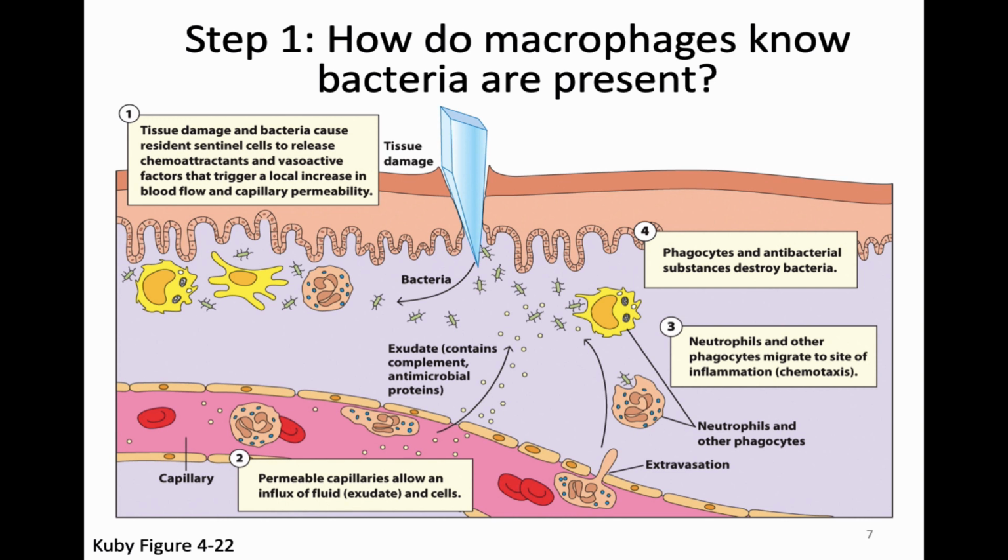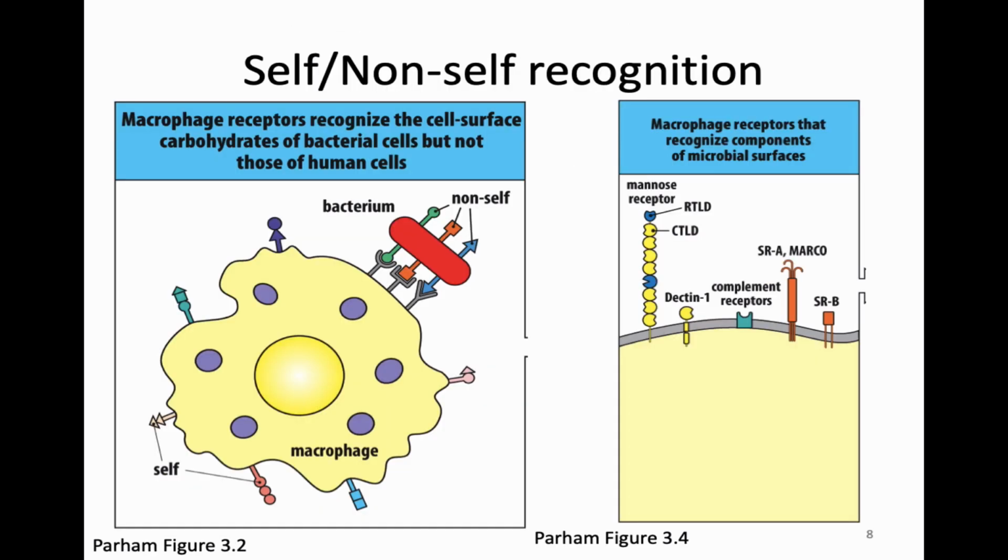And so the first thing that we need to think about is how those macrophages in that site know that bacteria are present. This is an example of a phenomenon known as self-non-self recognition. So our cell, like the macrophage shown on the left, has a number of different receptors that can bind to biomolecules on the microbe that are non-self.